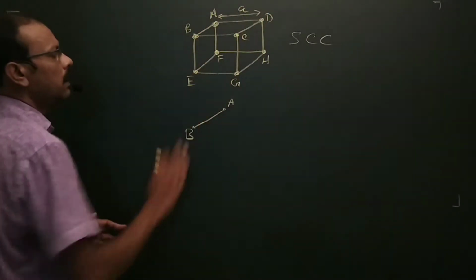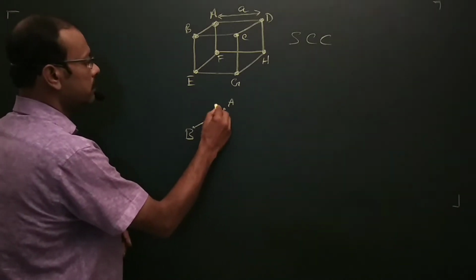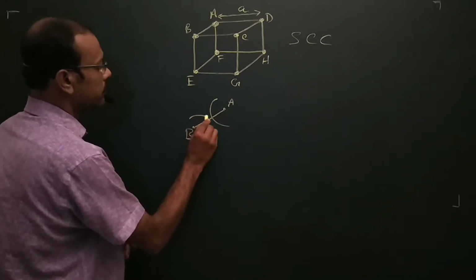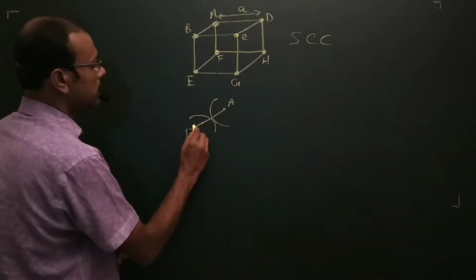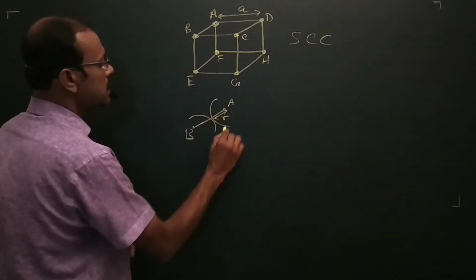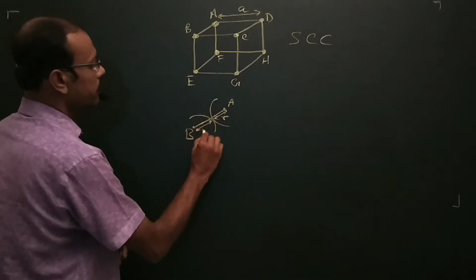All the edges are of length a, and you see that these two spheres touch each other, and therefore the edge length is equal to the radius of one particle plus the radius of the other particle.